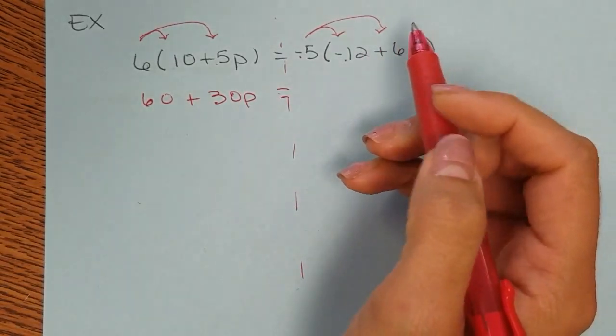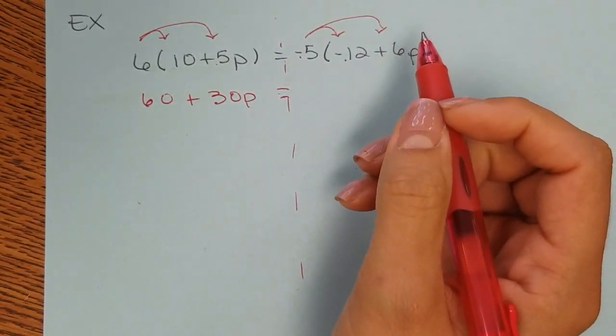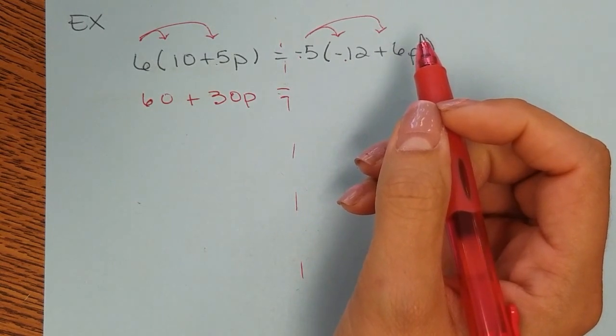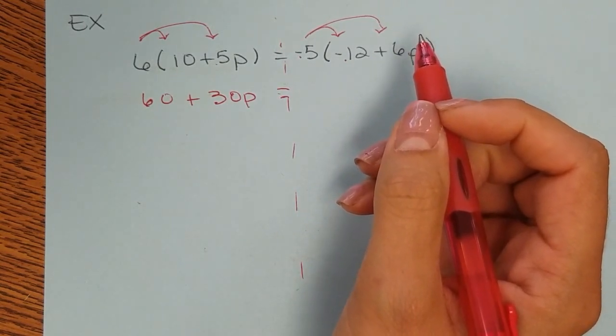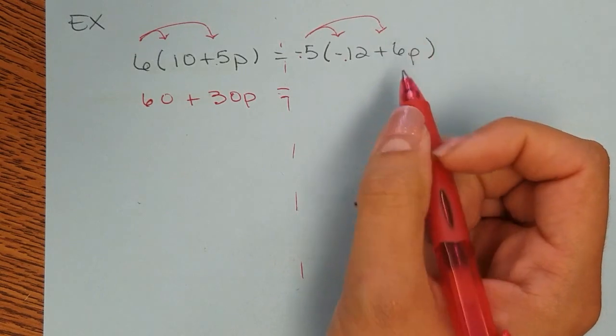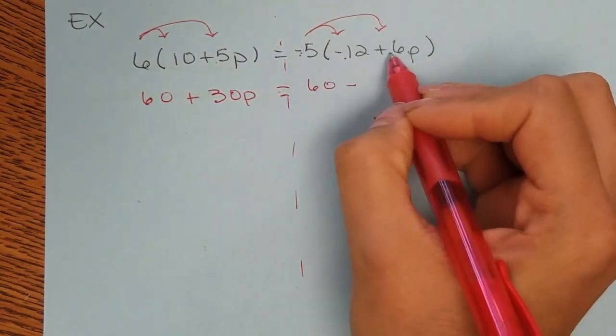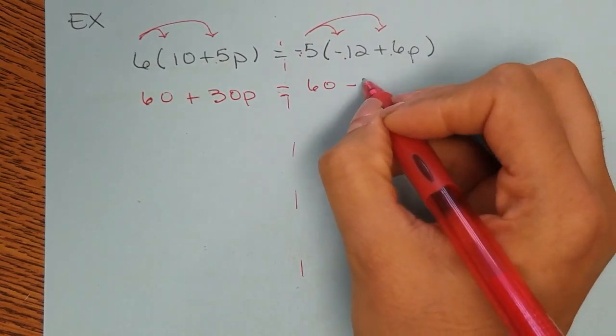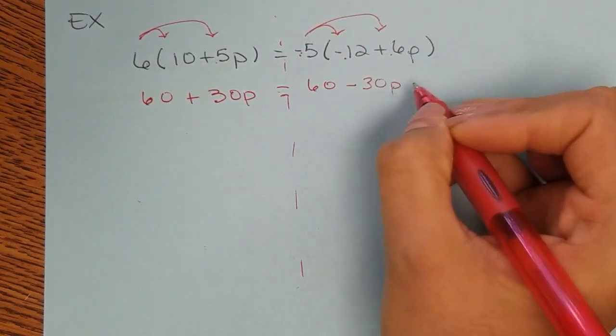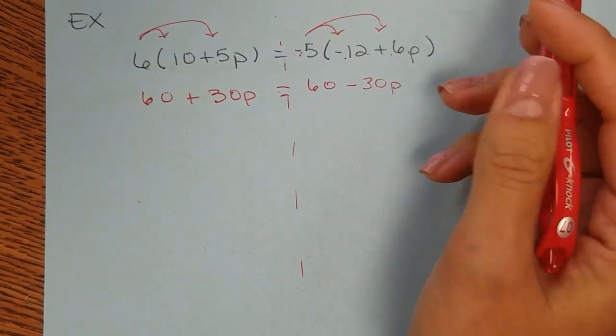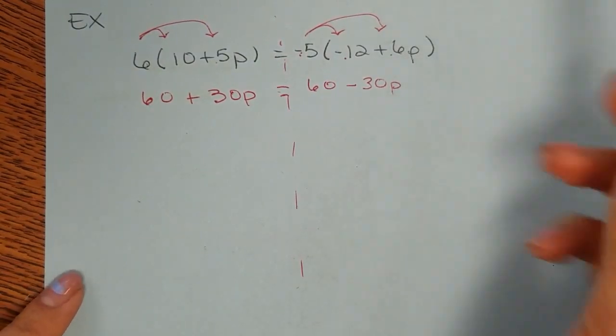Negative 5 times negative 12, you want to make sure that you multiply those negatives together, which is going to give you a positive. So we have positive 60 minus negative 5 times positive 6 is a negative 30p. Oh, this is going to give you infinite solutions.